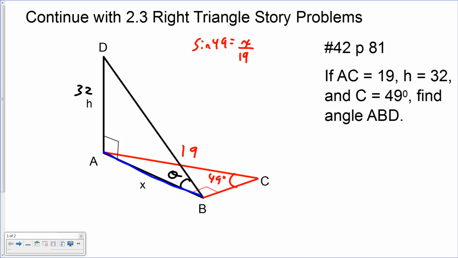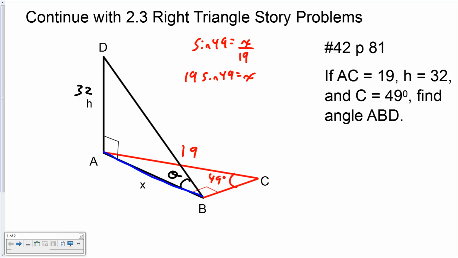As I solve for x, I'm going to get 19 sine 49. And I'm going to stop right there because it's a nice exact number. I'm going to use this for my x in my next equation. I could get a calculator, but then I'm probably going to round that number, and I don't want to round off round numbers. So I'm going to leave it like that.